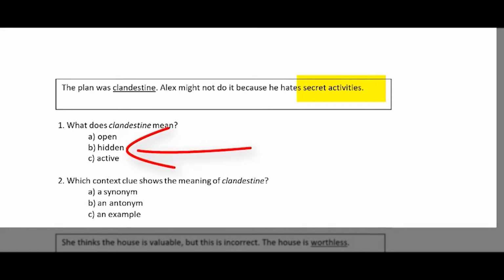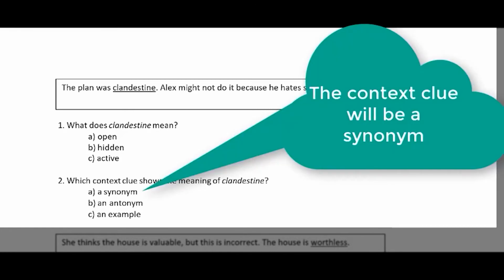He hates secret activities. He hates hidden activities. So maybe that could make sense there, right? So actually, the context clue there is a synonym, all right? Because clandestine and secret are very similar meanings.